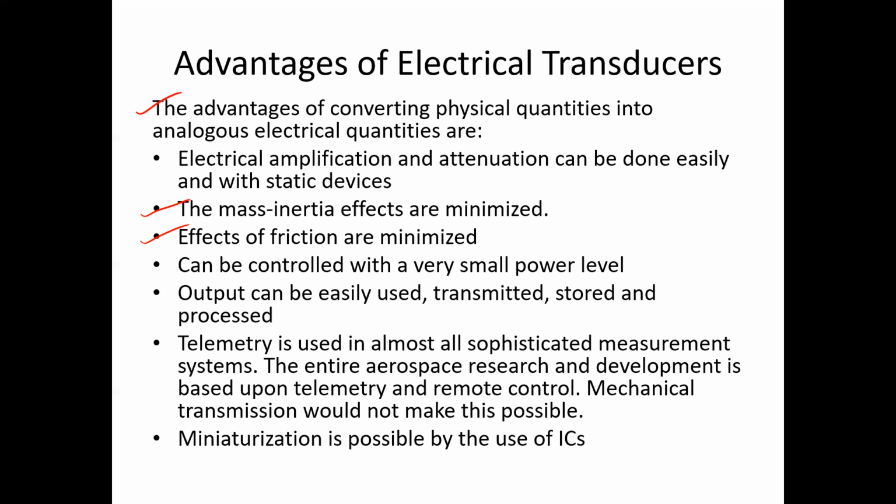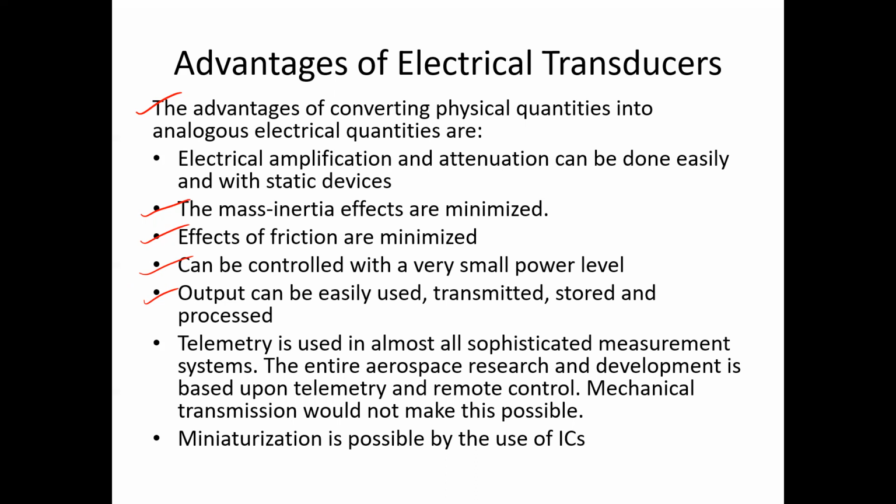Now, the electrical transducers or the whole electrical system can be controlled by a very small power level, or a small voltage supply or current supply might be sufficient for controlling the electrical transducers. And also the output, when it is generated in electrical form, can be easily manipulated.